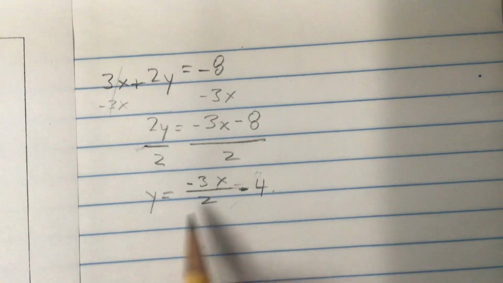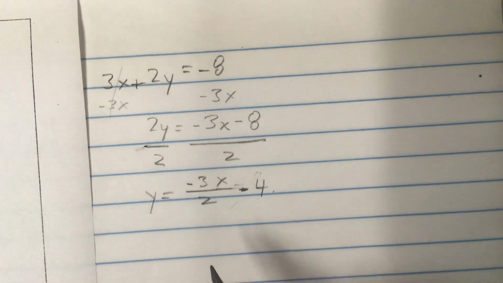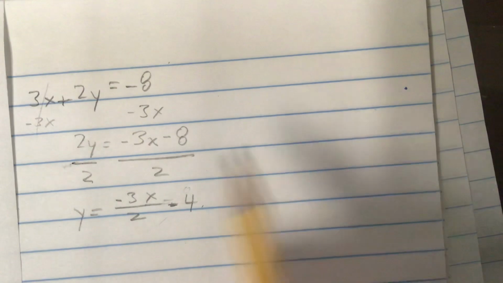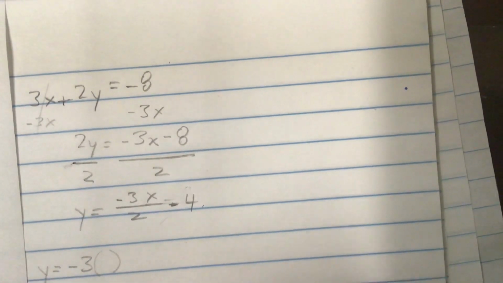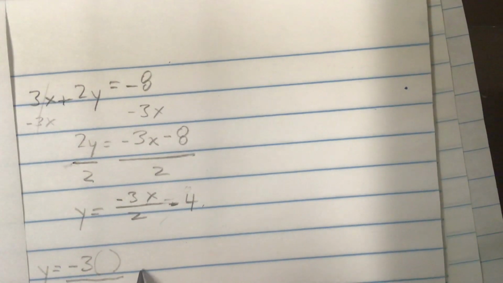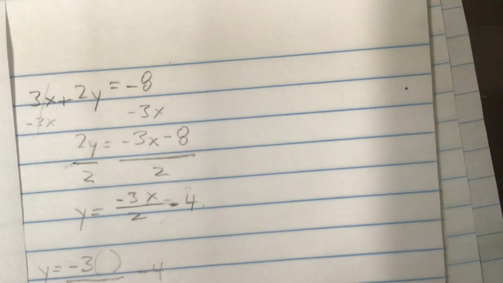All right, so now I have this, and just like I did before, I'm going to put it on here 3 different times. There's y equals negative 3, and I'm just going to put the parentheses where I'm going to put the problem when I plug in the different ones.